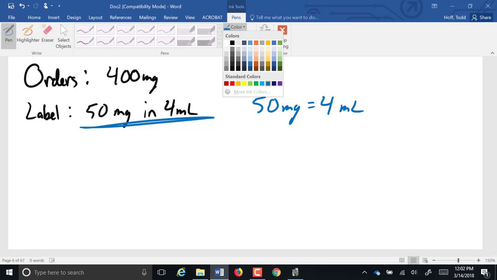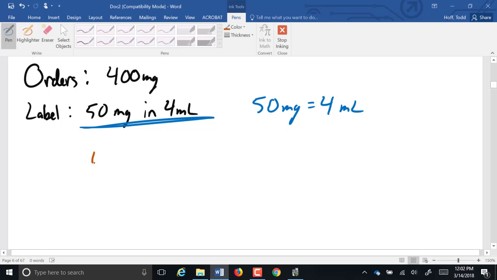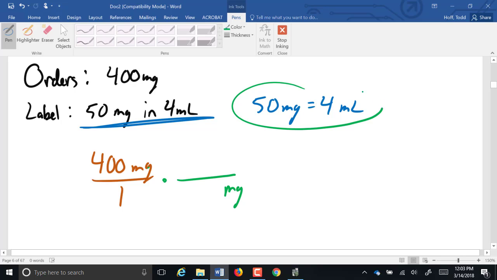And now we start by setting this up with our doctor's orders, 400 milligrams over 1. Then we try to convert from there. Getting rid of milligrams, so milligrams go on bottom here. We have 50 milligrams is equivalent to 4 milliliters. So the milligrams cross cancel.